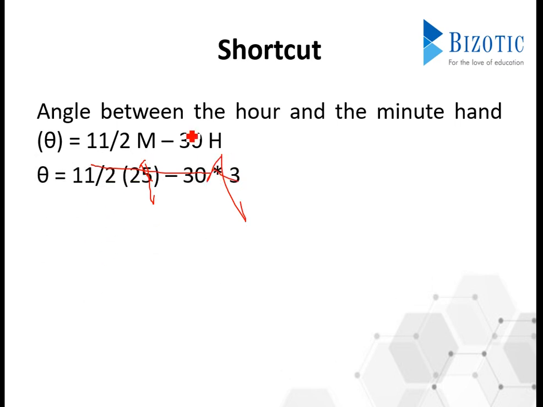That will give you 11 by 2 into 25 minus 30 into 3, and on calculation 137.5 minus 90, which will give you 47.5 degrees. So you will right away get the answer. Anyway, the choice is always yours. You will decide whether you want to remember the formula or solve problems in a logical way.